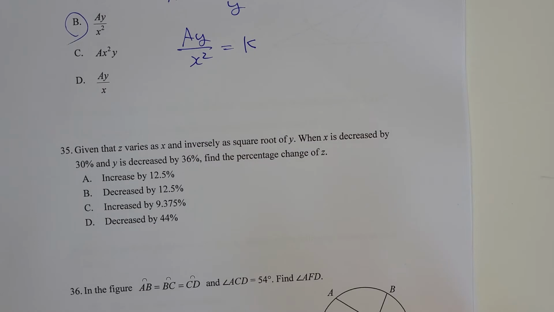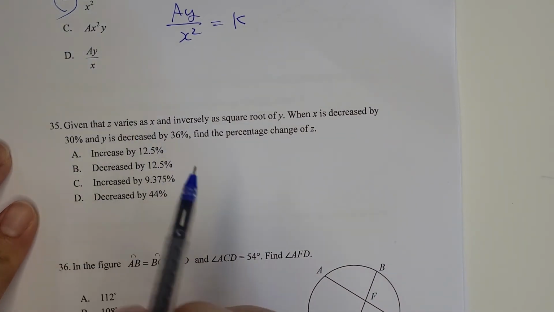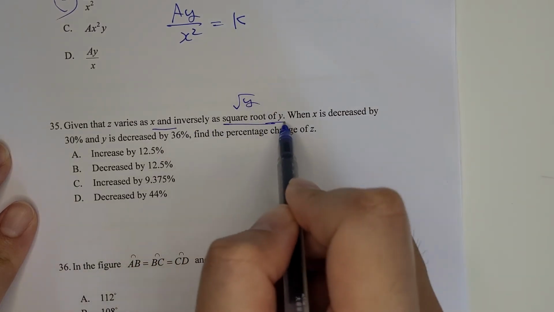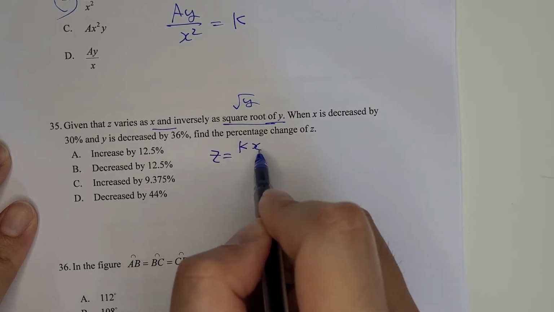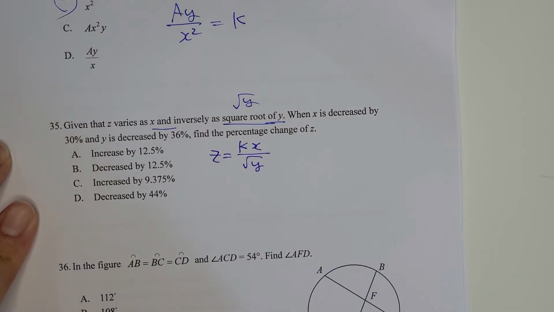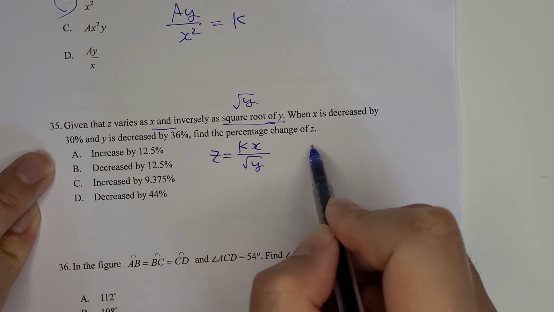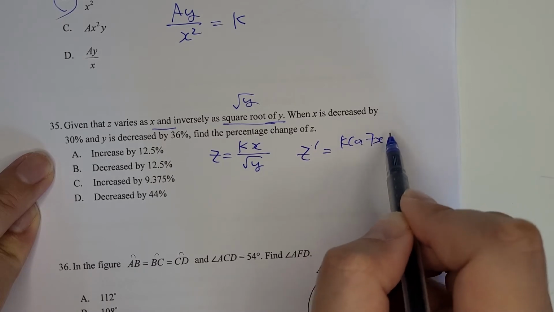Question number 35. Given that z varies as x and inversely as the square root of y, pay attention, okay? So z equals a constant k times x over square root of y. X is decreased by 30%, so it becomes 0.7x.